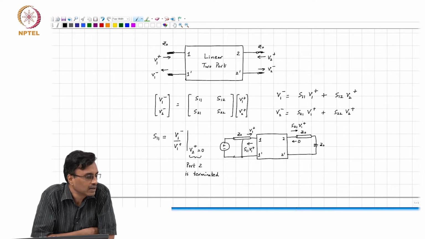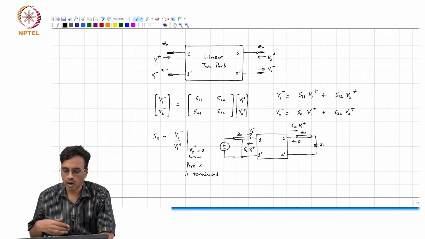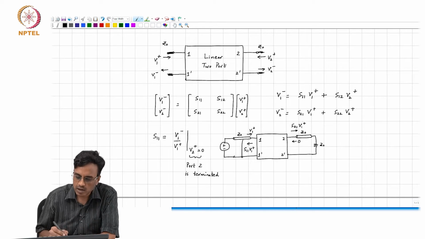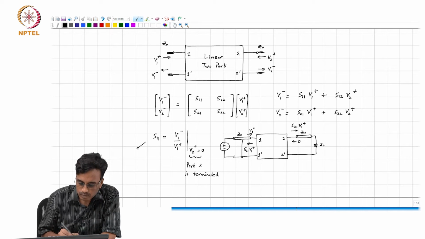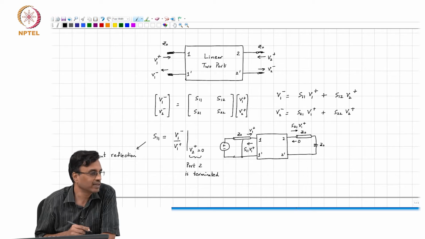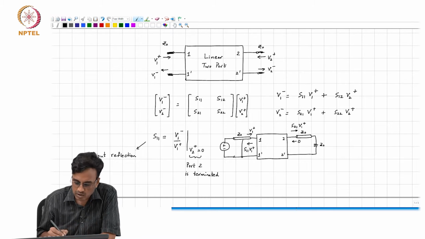What's reflected, in other words S11, is the input reflection coefficient. I hope you remember that V1 minus by V1 plus is the reflection coefficient. So, the input reflection coefficient with port 2 terminated.